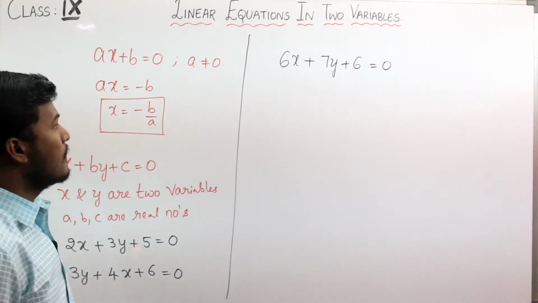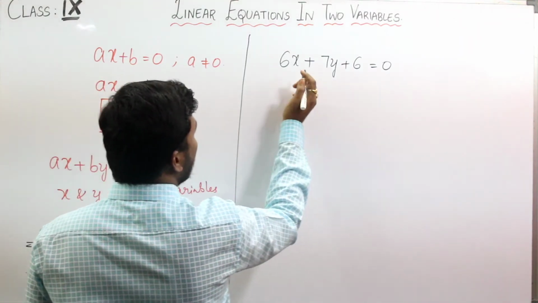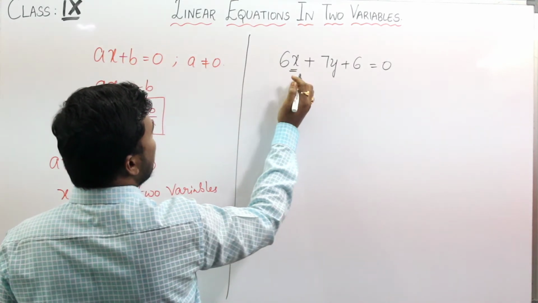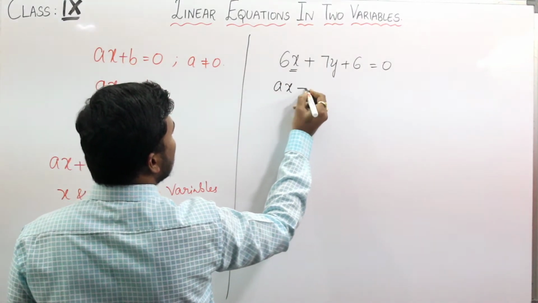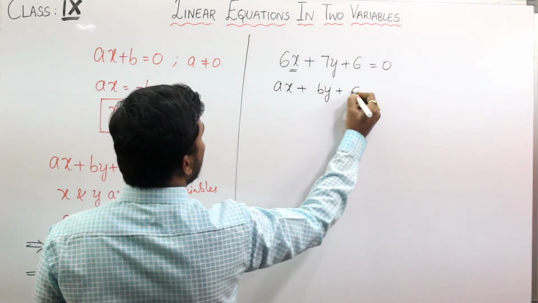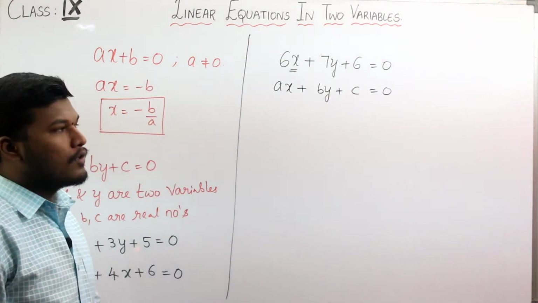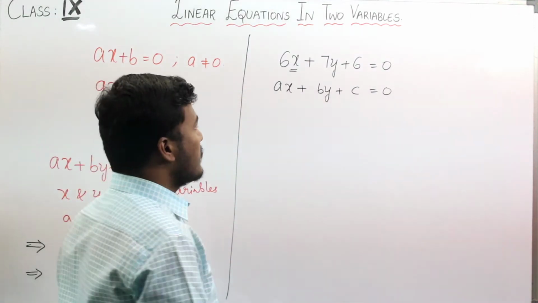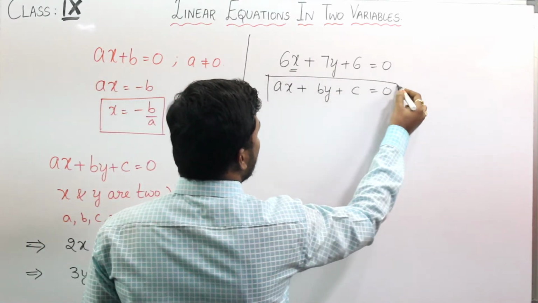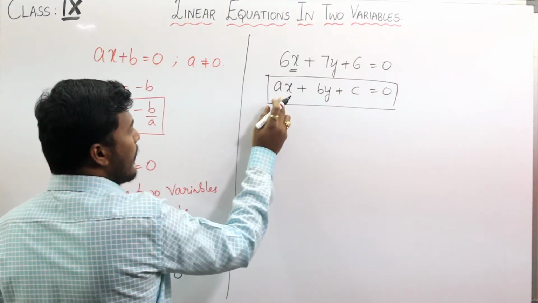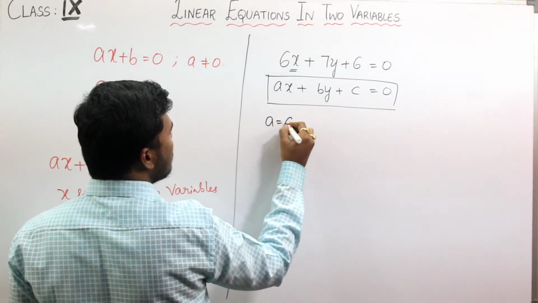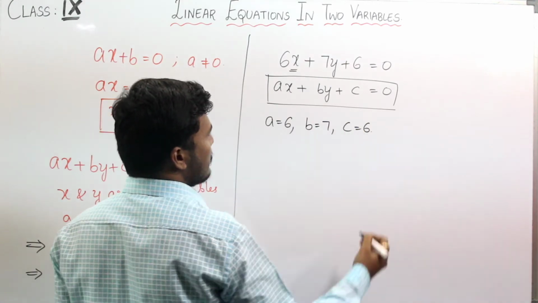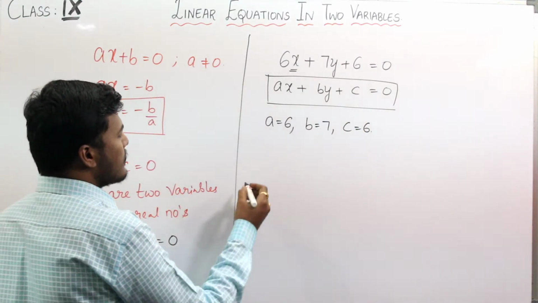In this linear equation in two variables, we need to compare this equation with ax plus by plus c is equal to 0, which is the standard form of linear equation in two variables. So when I compare, I will get the a value as 6, b value as 7 and c value as 6.